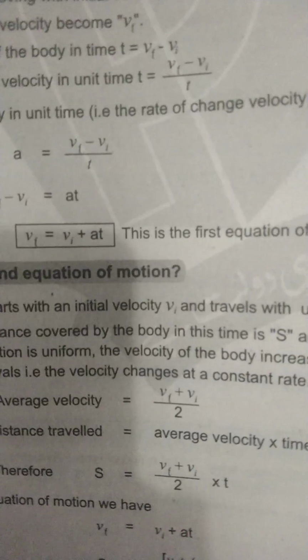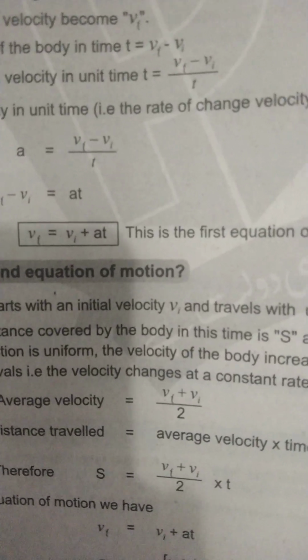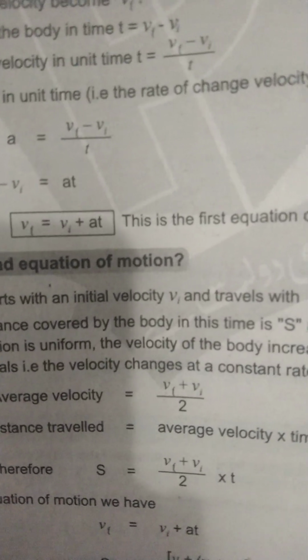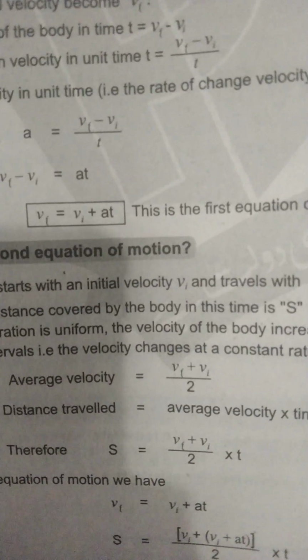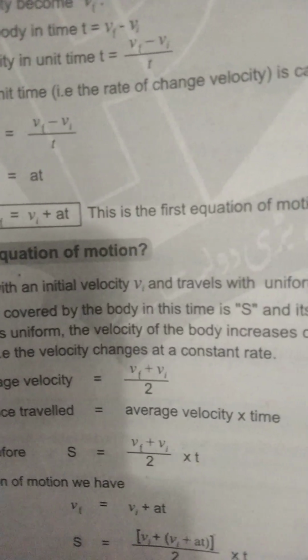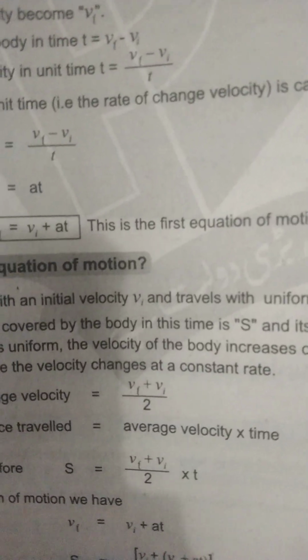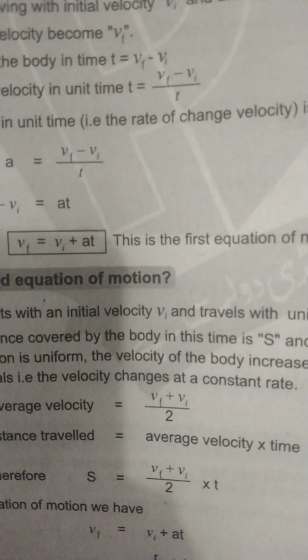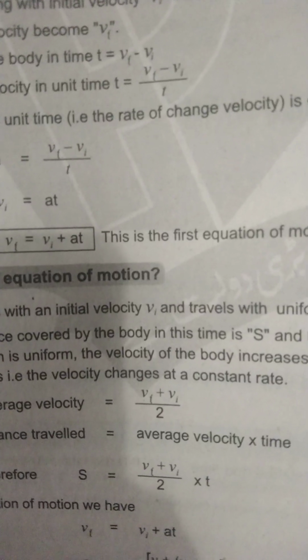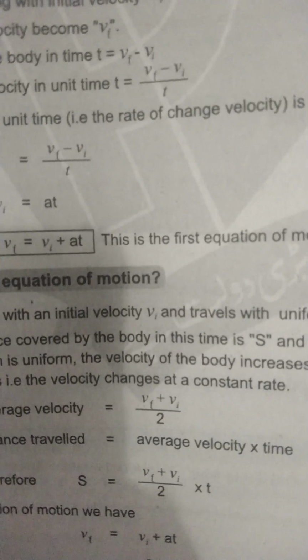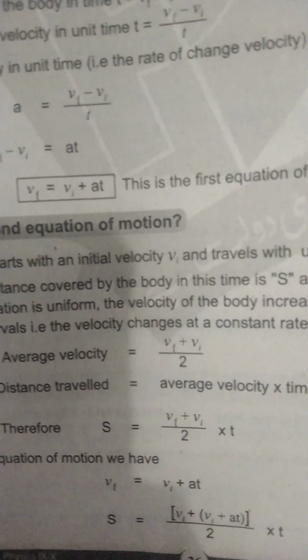Then you can easily find the average velocity, Vf plus Vi upon 2. Whenever distance comes, you know the formula: average velocity times time. So S is equal to Vf plus Vi upon 2 multiplied by t.